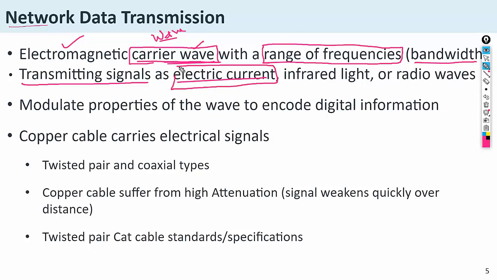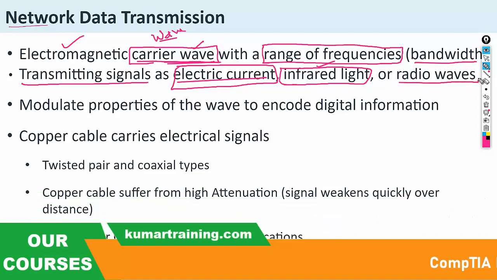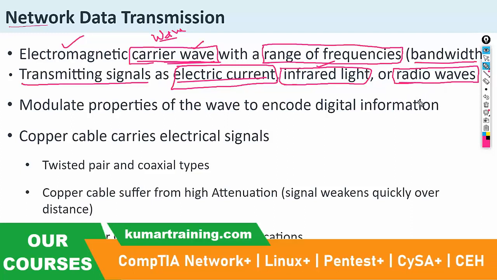and in other cases as infrared light. When we talk about fiber optic cable, this is using infrared, and radio waves. If there is a microwave, the data is transferring in the form of radio waves.